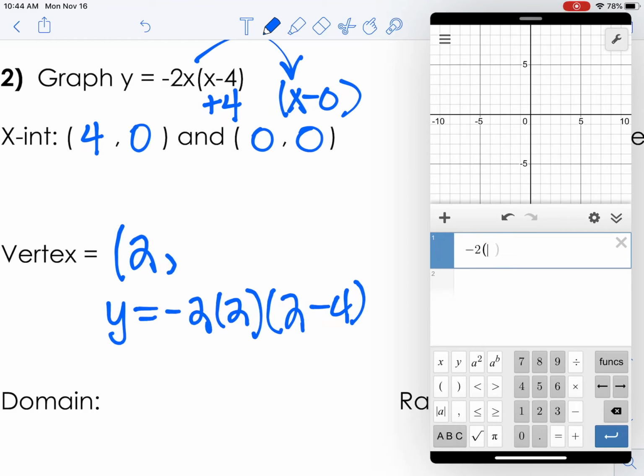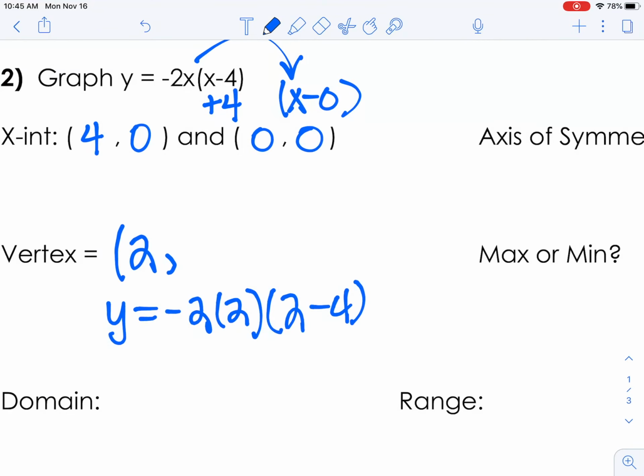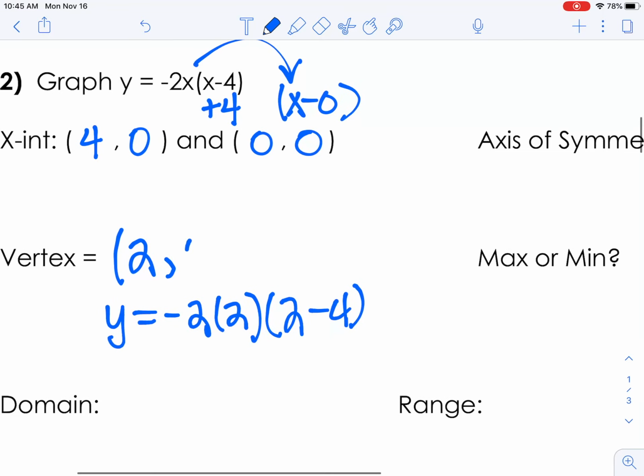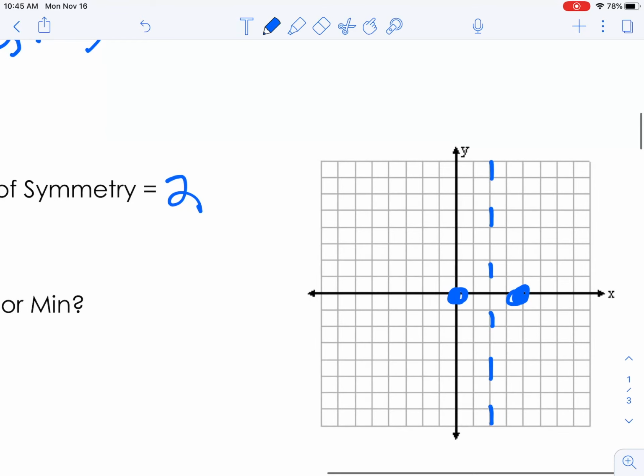Negative 2 times 2 times (2 minus 4) is positive 8. So now I'm going to go up to positive 8. 1, 2, 3, 4, 5, 6, 7, 8.